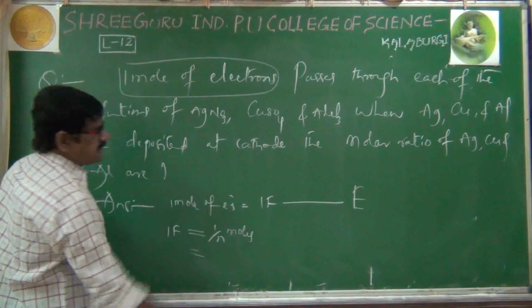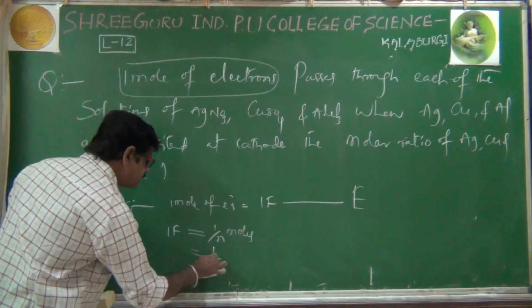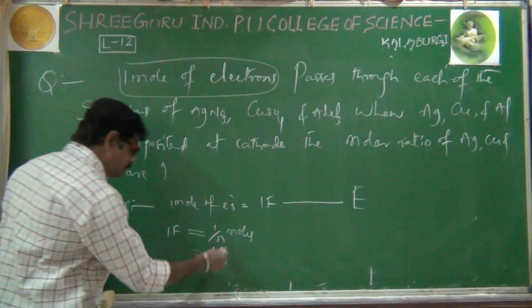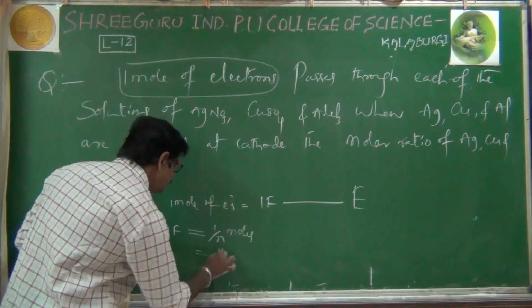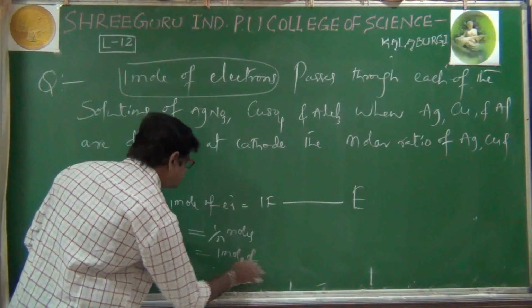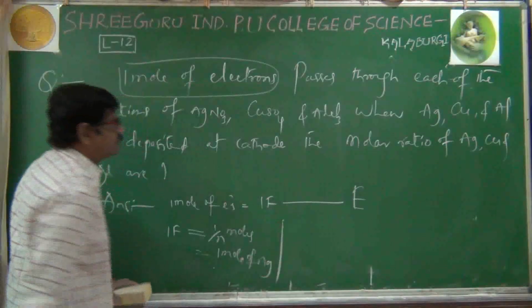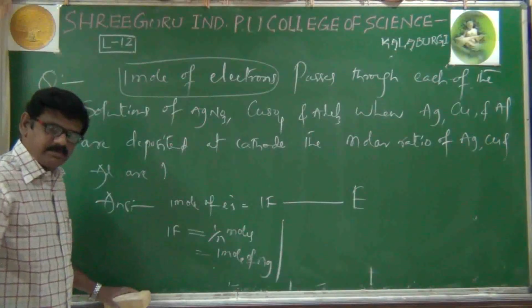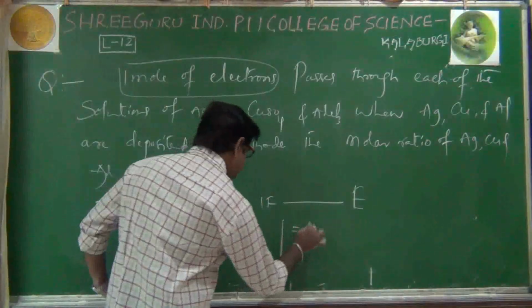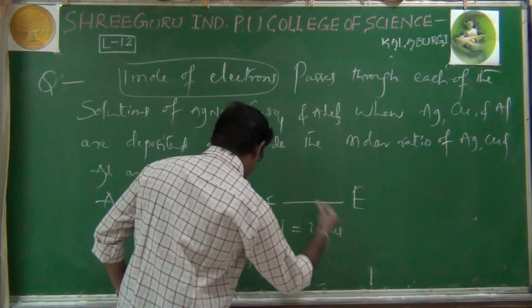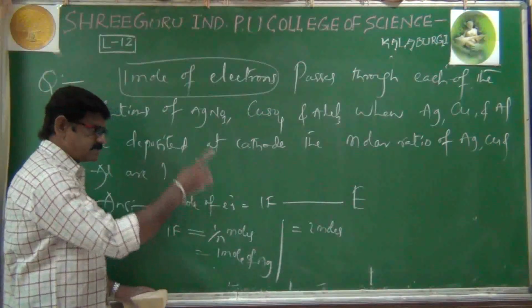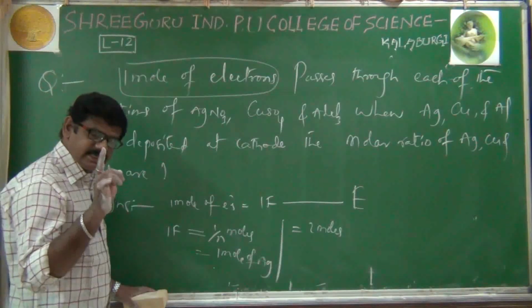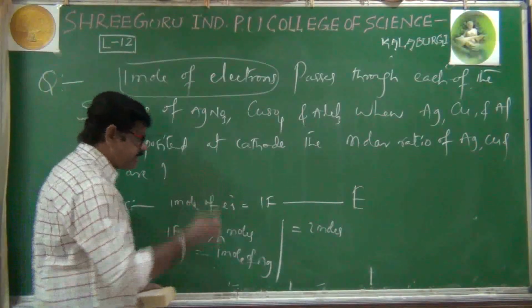As far as silver is concerned, silver valence is 1 only. 1 by 1 mole only. There is nothing but 1 mole of silver deposited. Next, the second one is copper. As far as copper is concerned, its valency is 2, but we are using 1 by n.